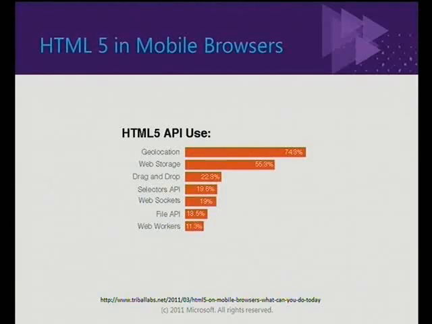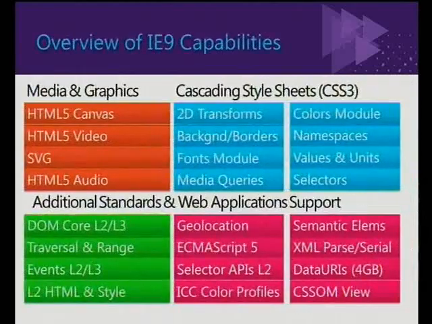Okay, so obviously Microsoft's trying to invest heavily into those APIs that are used primarily by web developers. Okay, so you can see that they've done quite a lot of work in the migration from effectively IE7 through to IE9, and we've got a lot of features, including HTML5 Canvas all the way through to geolocation.